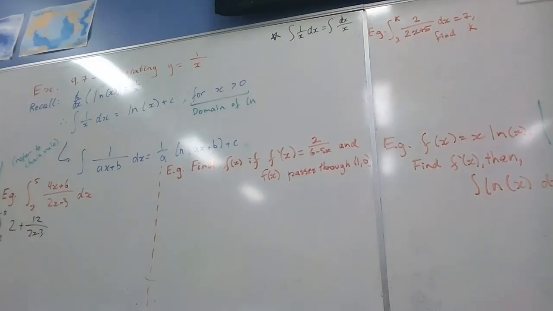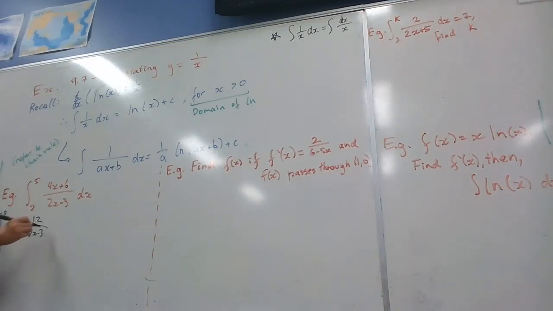If you want to do polynomial division, I'll do it off to the side now. 4x plus 6 divided by 2x minus 3. Of course, 2x minus 3 goes into 4x twice, so that's 4x minus 6, and that becomes 12 remainder. So it's the same thing, I'm just giving it all to that.